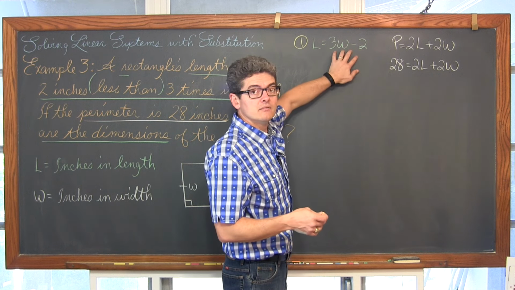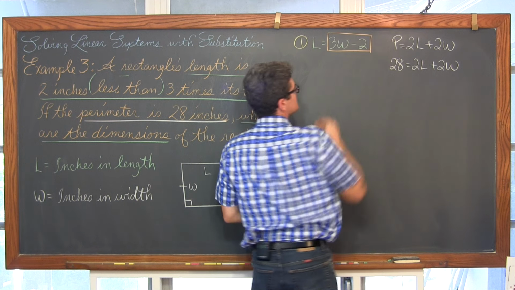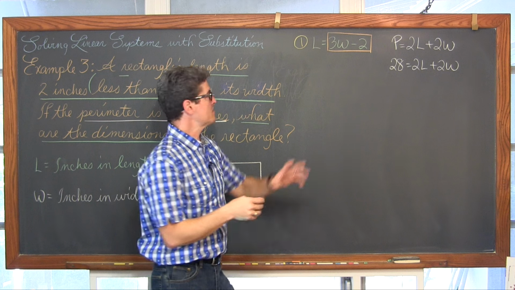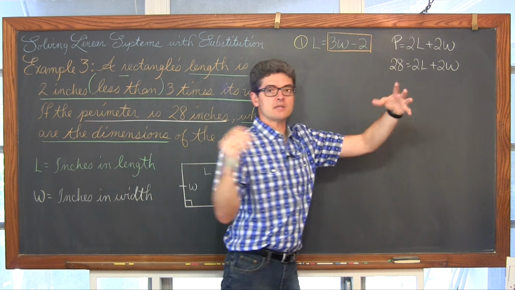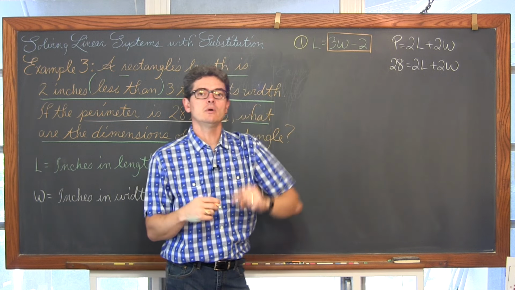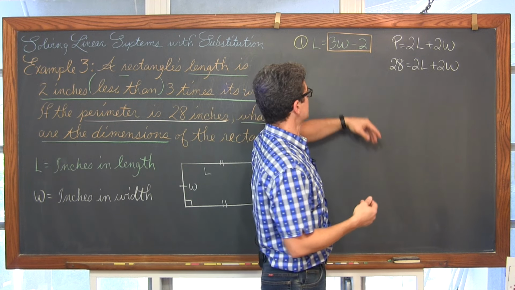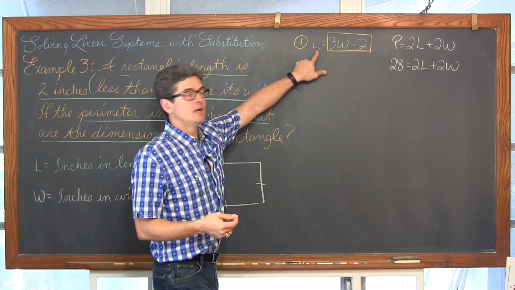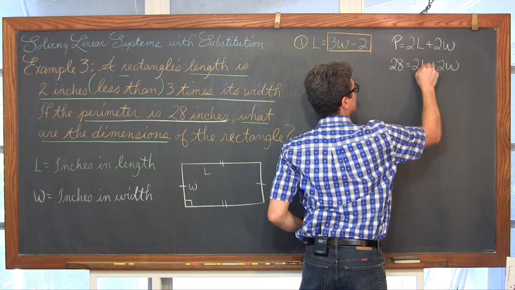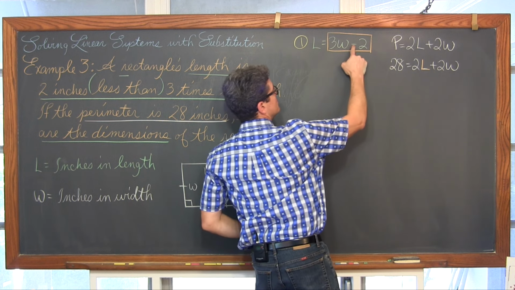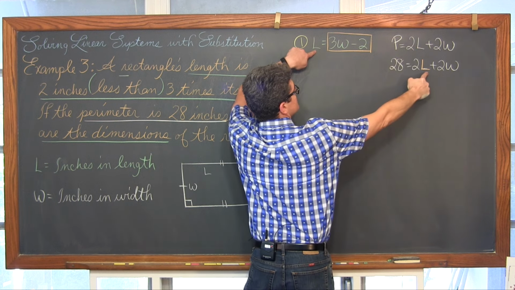Now I'm going to take this expression of 3W minus 2. The substitution part is always about taking the expression from one equation and putting it into the other equation, taking those two and bringing them together to make one new sort of third equation, if you will. It's just part of the solving process. So this is equal to L. I'm going to come through this other equation and look for the letter L and make sure that I know that this expression of 3W minus 2 goes in for that L, because that's what this expression is equal to.